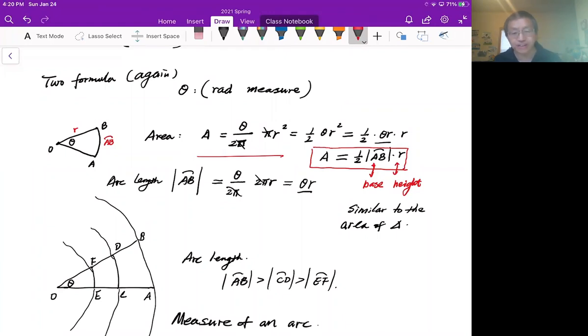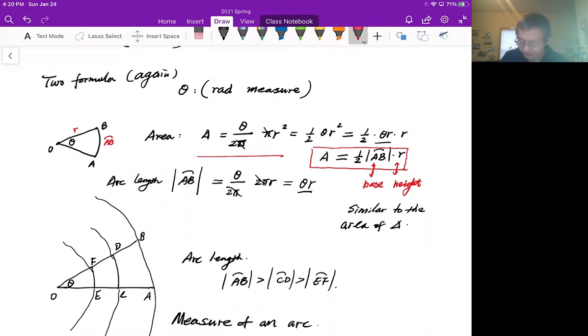So if my theta, the angle, was in terms of radians measure, I can use this so that you can see pi and pi are cancelled out. One of the advantages of using the radians measure is that the pi actually is cancelled out, so you can write that to be 1/2 times theta r squared.